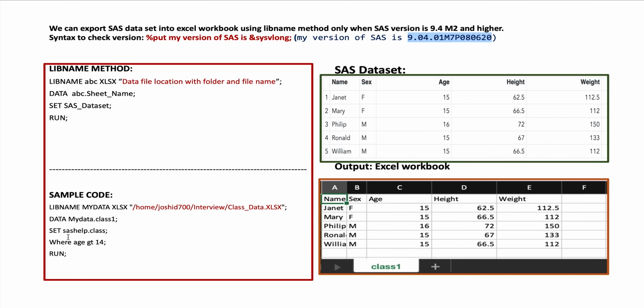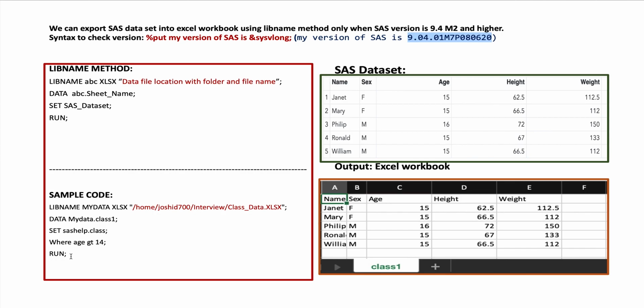Set sashelp dot class. That means this is the source data. That means the class dataset is going to export into the class1 worksheet, and the format is Excel format. Where age is greater than 14, a filter condition is applied here, and run.